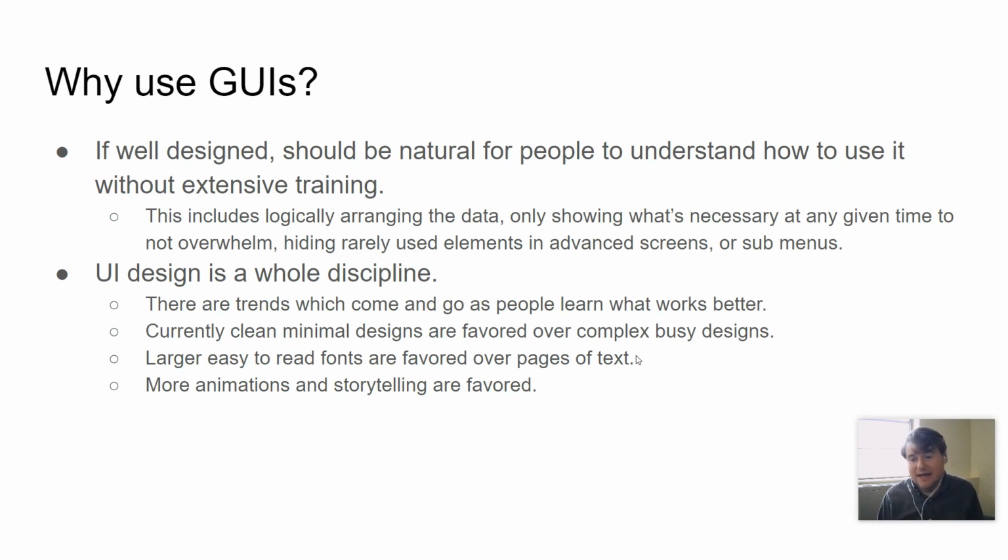You can take classes on that and study how people interact with a computer and what is natural and what's not natural. There are entire groups of people in each of the large software engineering companies that deal with the user interface and decide what's going to work for people and what doesn't.